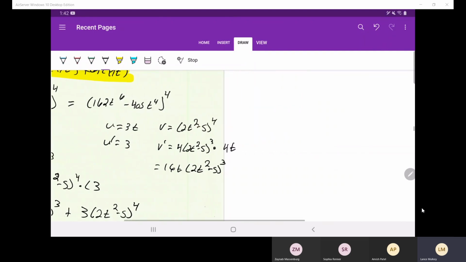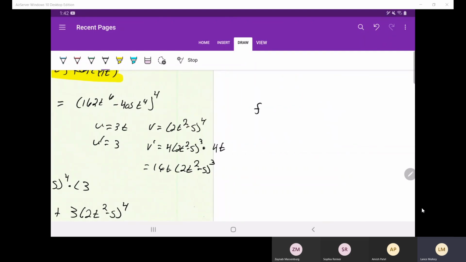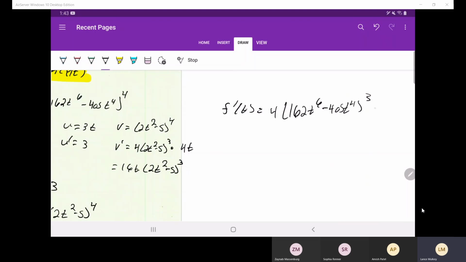So if you do it like that, say f prime of t equals 4 times this cubed times, okay, now what's 162 times 6? That's the problem right there. Y'all aren't allowed to have calculators.